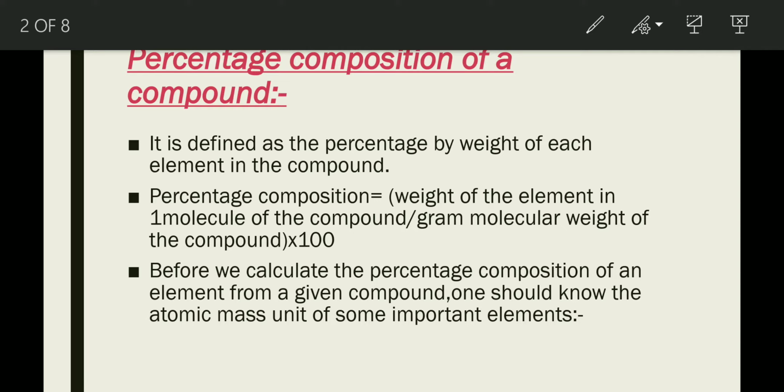So percentage composition, we can write it as weight of the element in one molecule of the compound by gram molecular weight of the compound into 100, because we are calculating percentage. Before we calculate the percentage composition of an element from a given compound, one should know the atomic mass unit of some important elements.